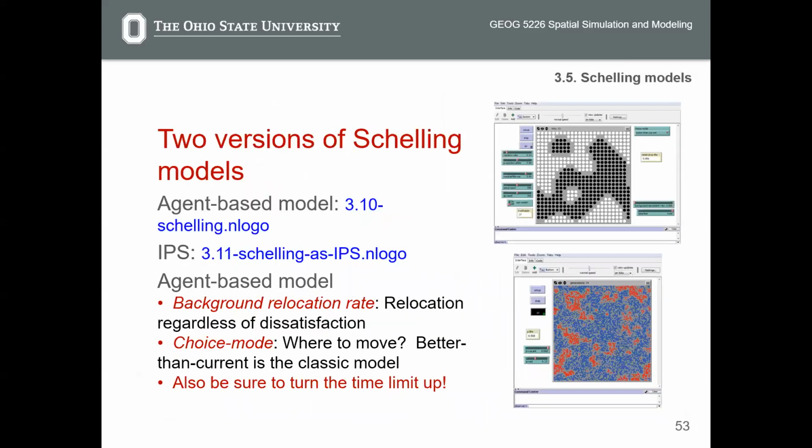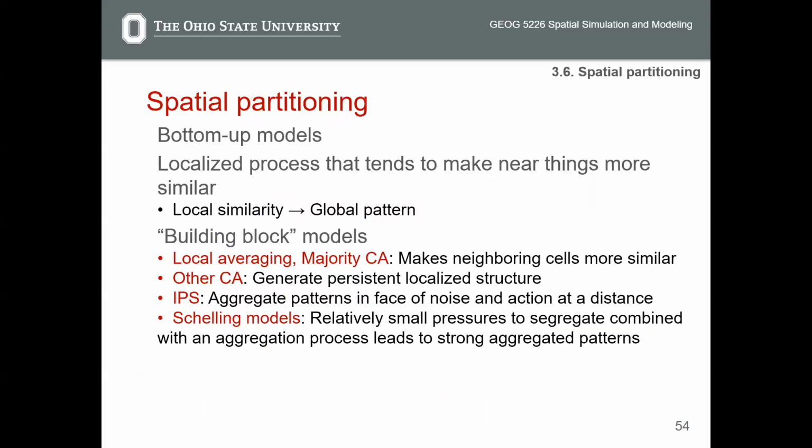And we have two examples in the model library of the textbook. Okay, you can play with them. And next, let's talk about spatial partitioning. Actually, we have seen spatial partitioning since the beginning of this chapter. I just didn't mention this concept.